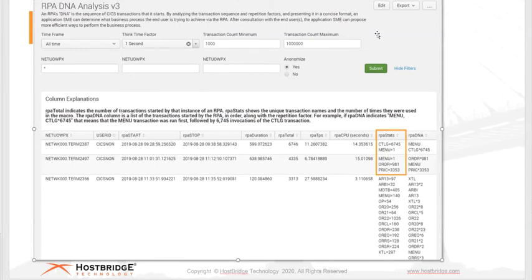So again, the idea is we want to be able to reveal the DNA of these activities to the point where a subject matter expert can look at it and go, oh, I know what they're doing, and then make necessary steps. The second one we're highlighting, where they went from the order transaction to the menu transaction, and then over to what we think was a pricing transaction.